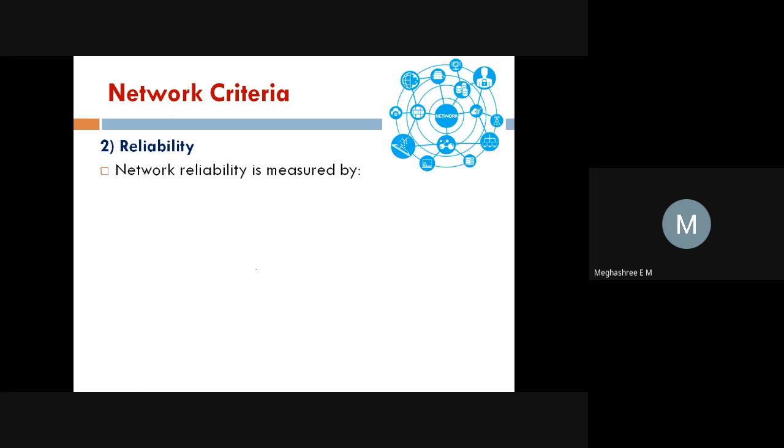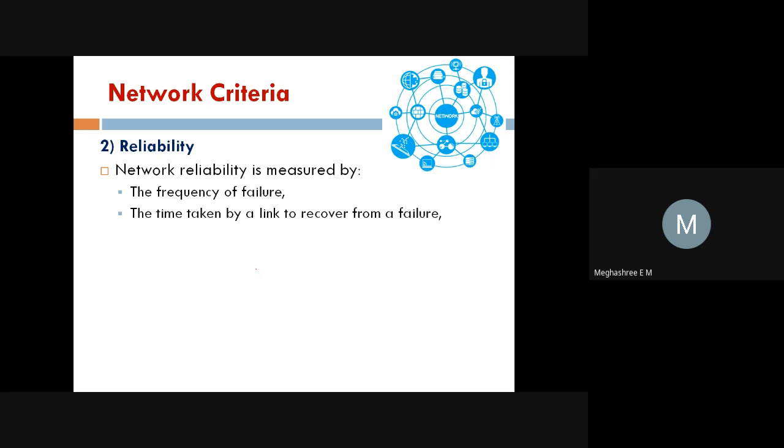This network reliability is measured by the frequency of failure, like how many times there is a failure of the network. The frequency of failure should be very low for a network to be considered a good network.